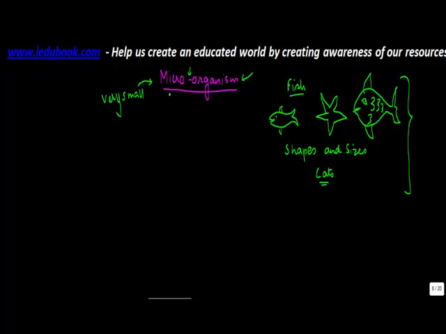Now some organisms are so small that they cannot be seen with the naked eye. Very often, when your mother prepares curd at home, what does she do? She puts, let's say, you have a container.